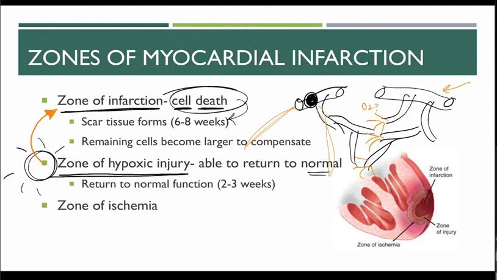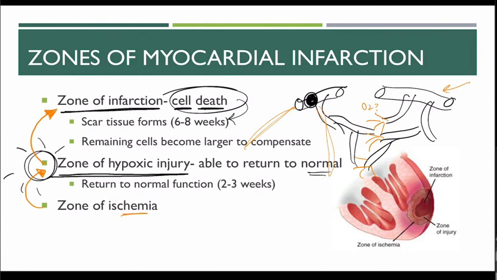Another way of saying that is the infarcted zone will get bigger and bigger and bigger over time. More cells will experience cell death. And there are cells in the zone of ischemia that might start to undergo hypoxic injury because of the length of time they're living in that low oxygen state.